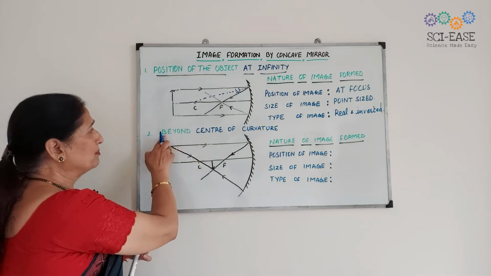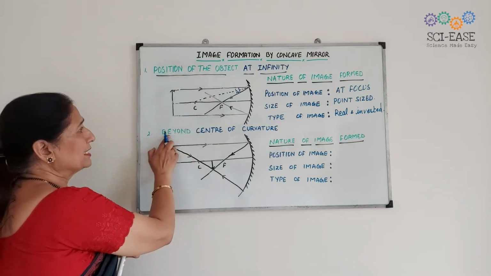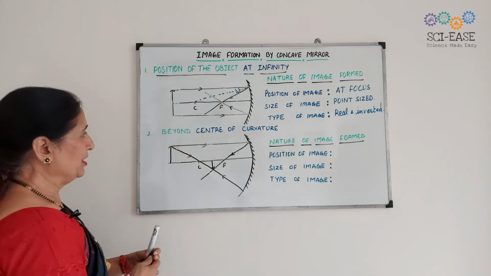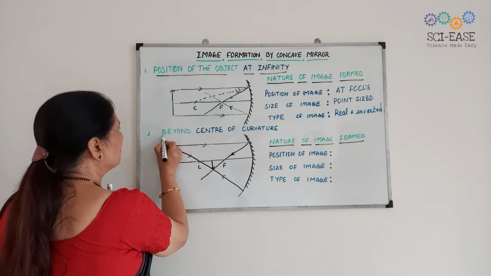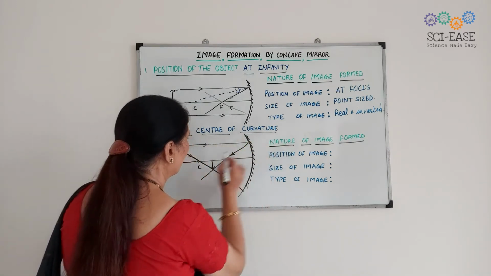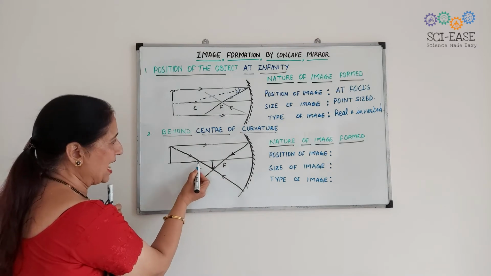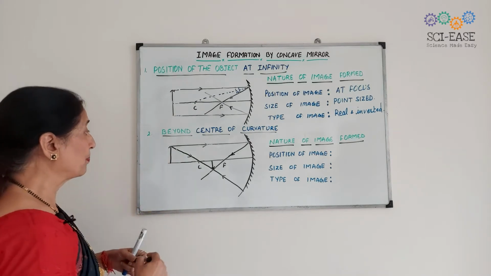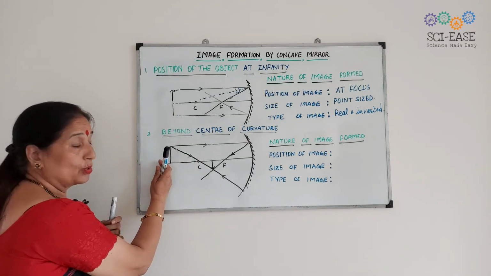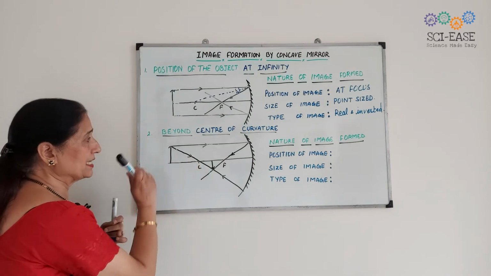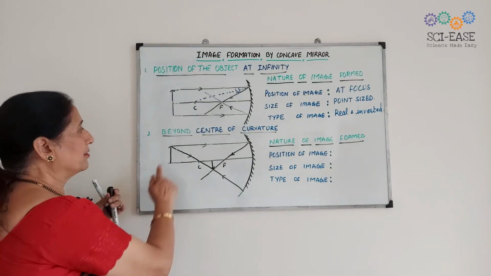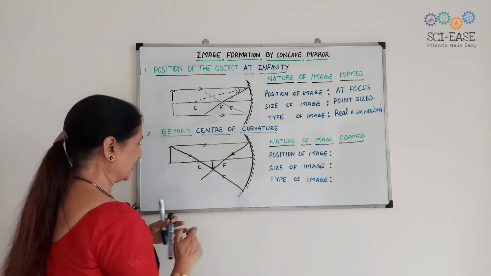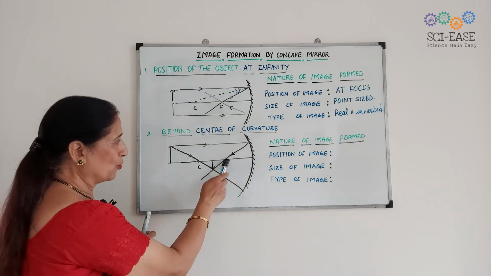Now the position of the object is beyond the center of curvature. What do you mean by beyond? We know that on the principal axis there are points F and C. This is the center of curvature. So the object is beyond, quite far from C. The ray will start from the object parallel to the principal axis, and then it will pass through the focus.